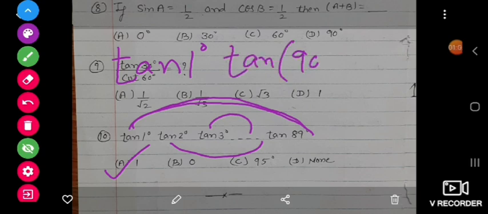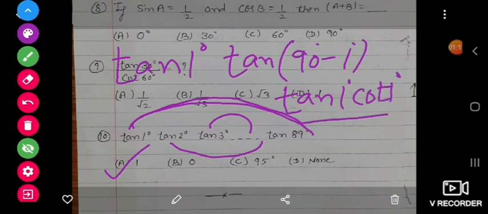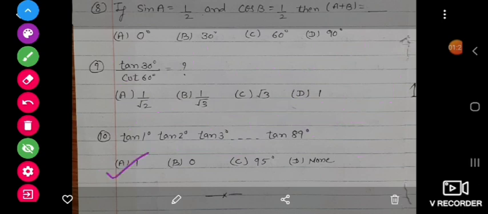Can I write tan 89 degree like this? Then tan 1 degree into cot 1 degree, which is equal to 1. Then all are paired, so you will get 1 into 1 into 1, and 1 will become the answer. The last answer is 1.